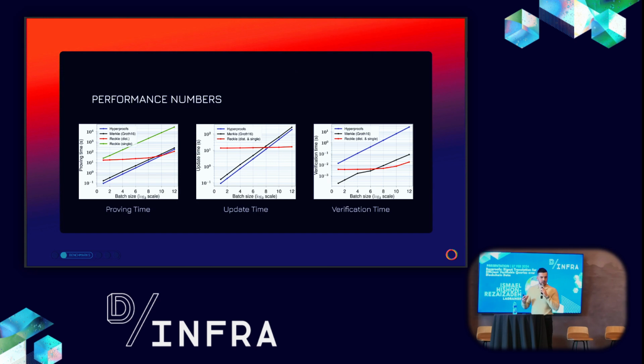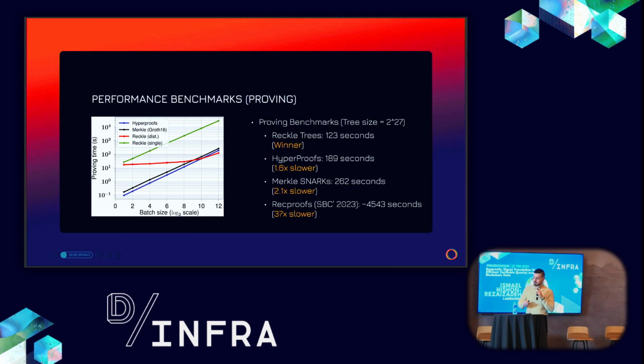The main thing that Reckle trees possess that a lot of these naive constructions don't is that they are fundamentally parallelizable: we can in essence throw more machines at computing Reckle trees, and we can scale the efficiency with respect to the amount of compute that we throw at it, obviously minus any networking overhead.